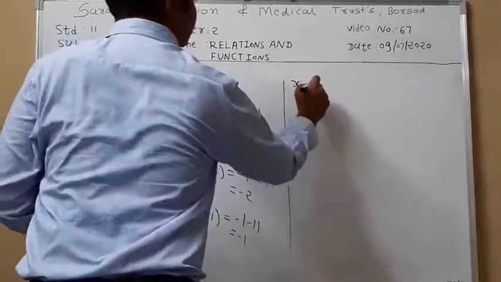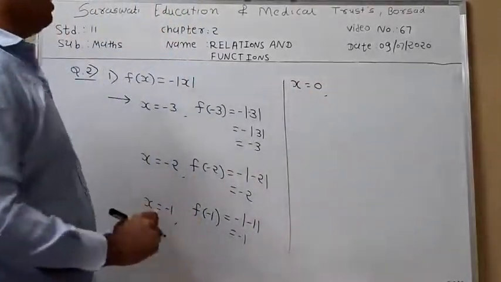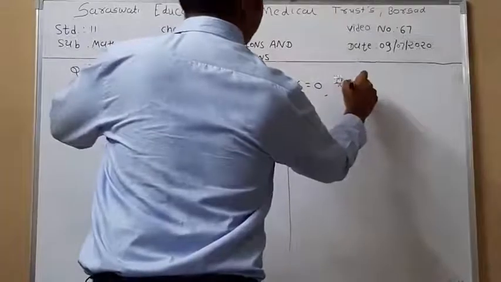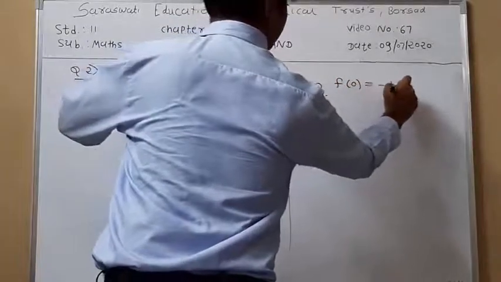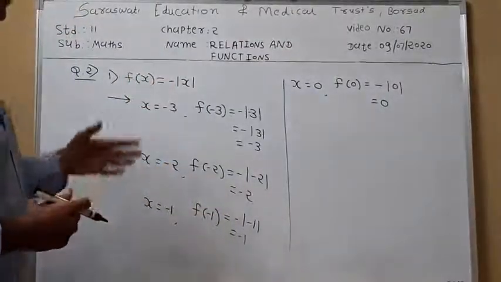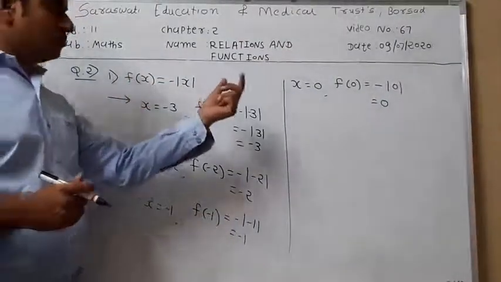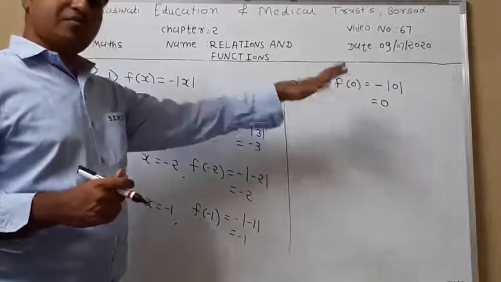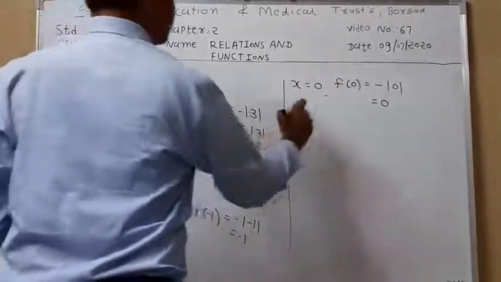Now x is equal to 0. So again f of 0 is equal to minus mod of 0, but 0 has no positive or negative form, so we write 0.